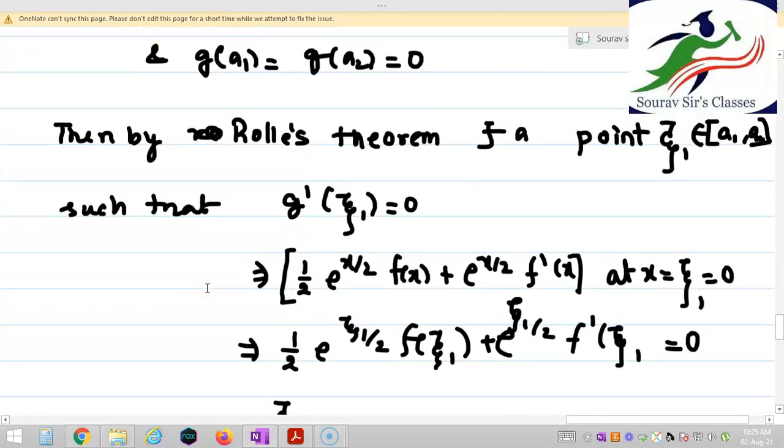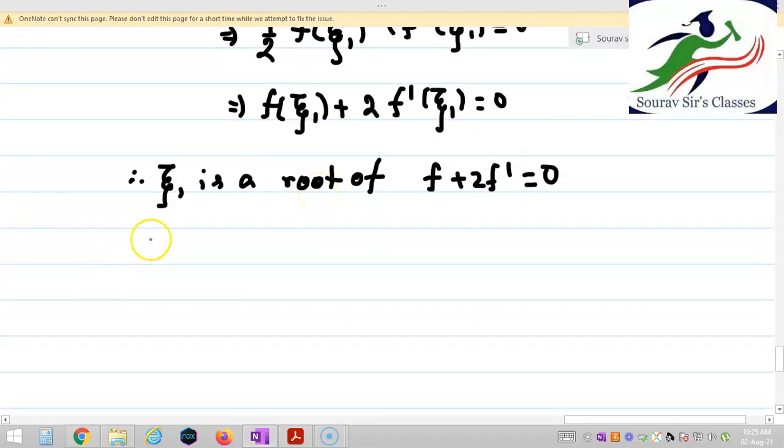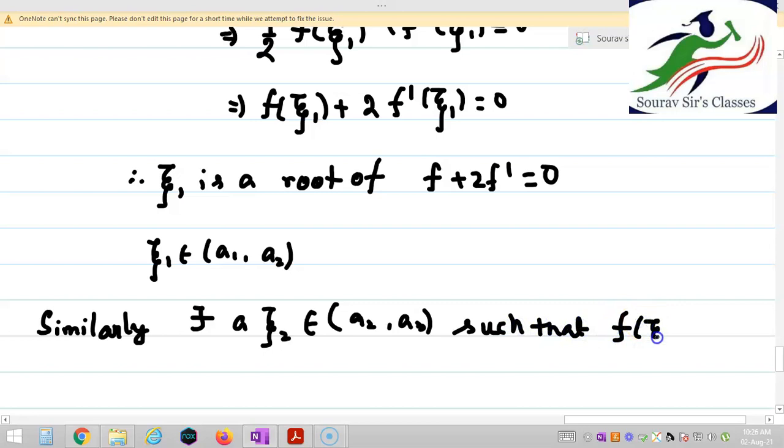So we have got a xi1 belongs to open (a1, a2) such that f of xi1 plus 2 f dash of xi1 is equal to 0, right? Similarly, we will be able to get, there exists a xi2 belongs to open (a2, a3) such that f of xi2 plus 2 f dash of xi2 is equal to 0, right students?